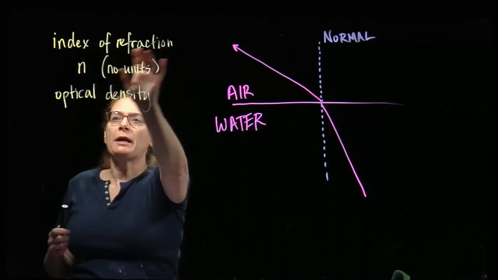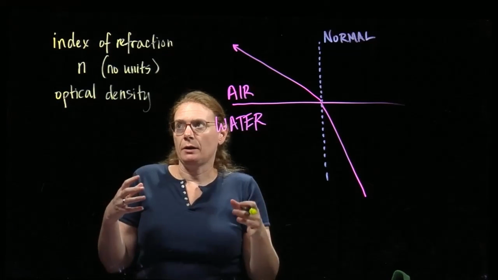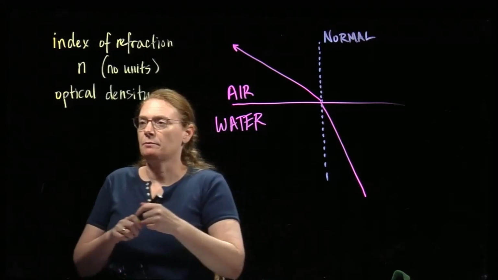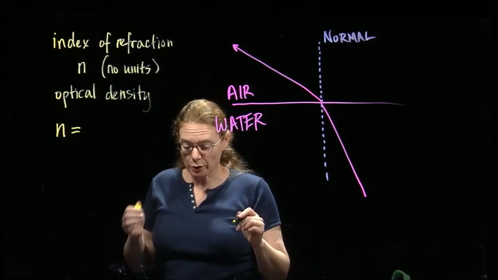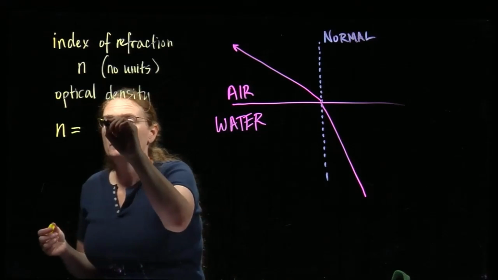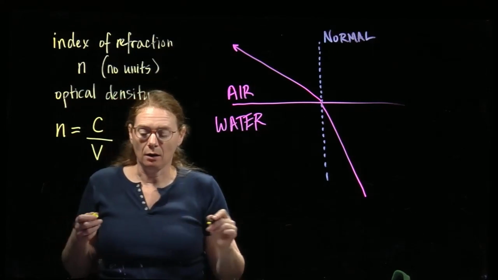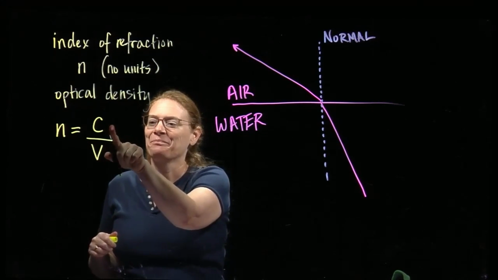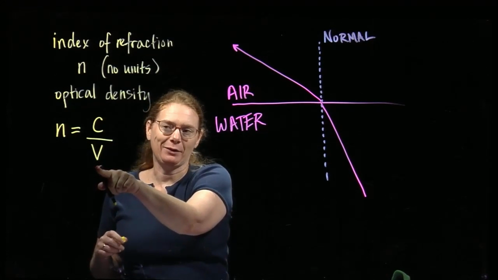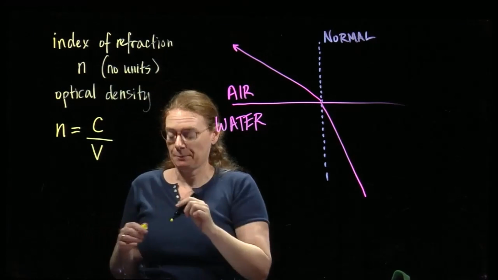And so the index of refraction, n, is this idea of how hard it is for light to travel in this material. And it's actually just a ratio. It's a proportion of the speed of light in a vacuum to the speed of light in that material. So it's just a ratio. They're both speeds, which is why we end up with no units.